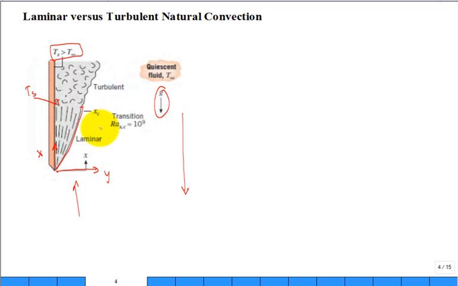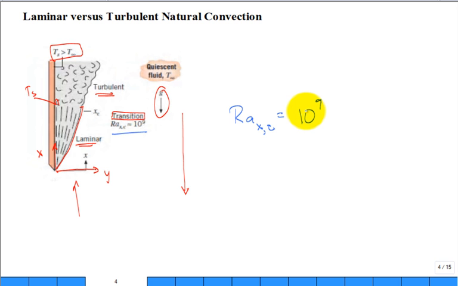And just like we had for flow over a flat plate, if the plate is so long in the direction of the buoyancy-driven flow, you can get a transition between laminar and turbulent flow. And the critical Rayleigh number, based on the distance x from the sharp-edged beginning of that plate, is 10 to the 9, approximately.